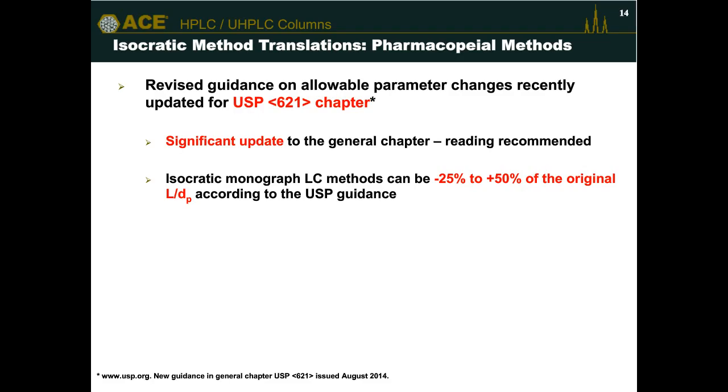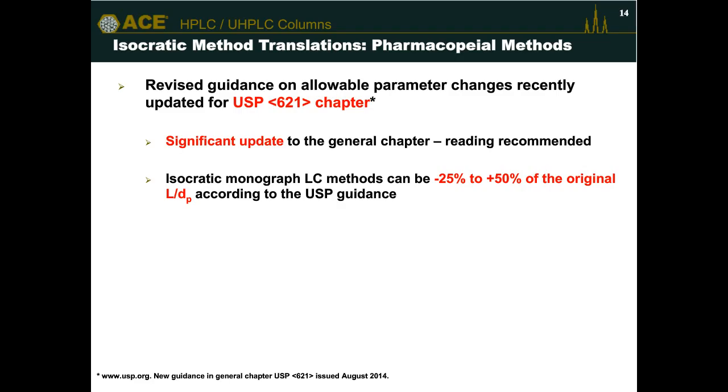And what they've said is that we can change the column if we maintain this length to particle size ratio, or if we are within minus 25% and plus 50% of the length to particle size ratio.